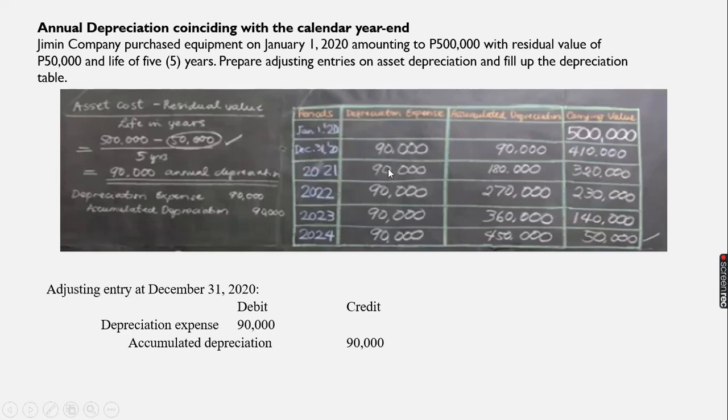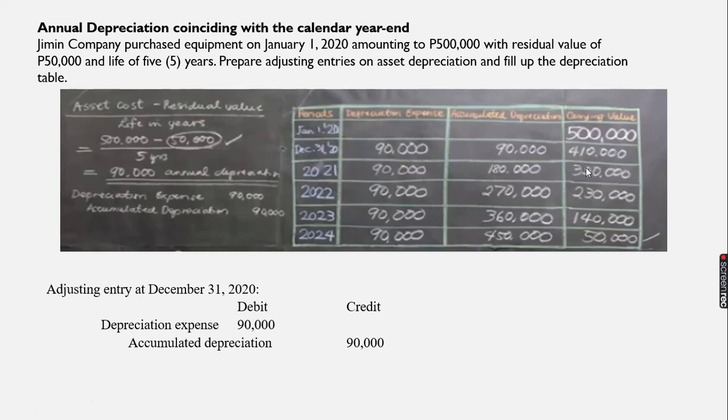December 31, 2021, may 90,000 ulit na depreciation expense. And syempre, yung accumulated depreciation niya is 90,000, i-multiply natin by 2 years kasi 2 years mo na niya ginagamit. So, makukuha natin ang 180,000.